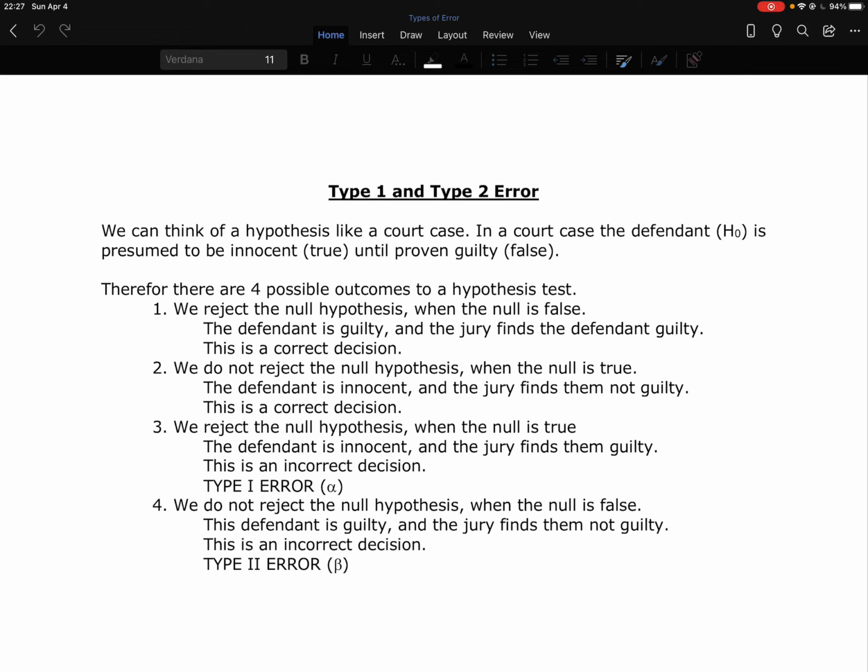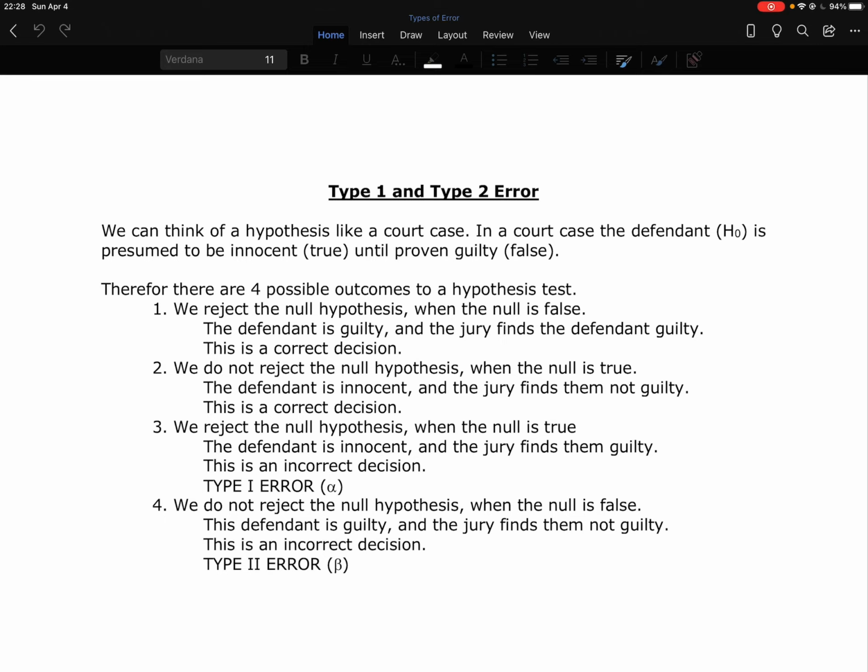The third possible outcome is that we reject the null hypothesis, but the null hypothesis is true. So this is analogous to when a defendant is innocent and the jury finds them guilty. So this is an incorrect decision, and when this occurs, we have what we call a type 1 error.